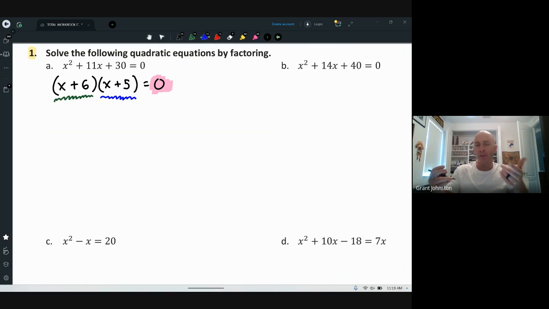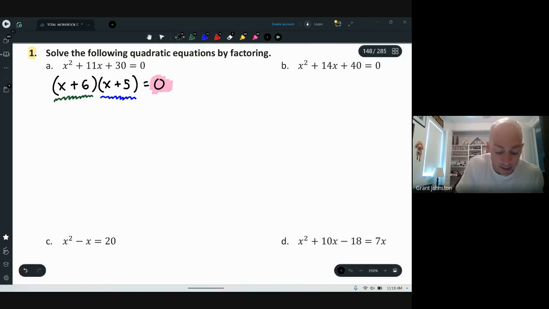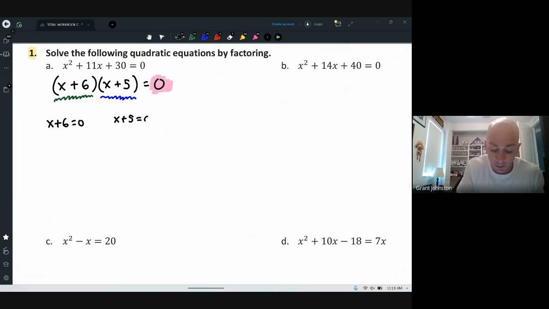Try to understand that, because 0 times anything equals 0. We need either the green parenthesis or the blue parenthesis to equal 0. So I'm going to break these up and create two equations. I need either x plus 6 to equal 0, or x plus 5 to equal 0.